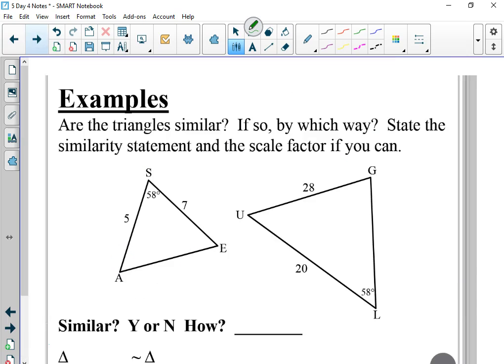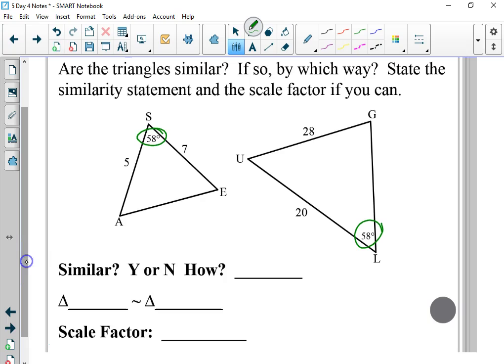Are the triangles similar? If so, which way? So we have one angle. So if this works out, we know S and L are corresponding. Okay? If we can prove it.